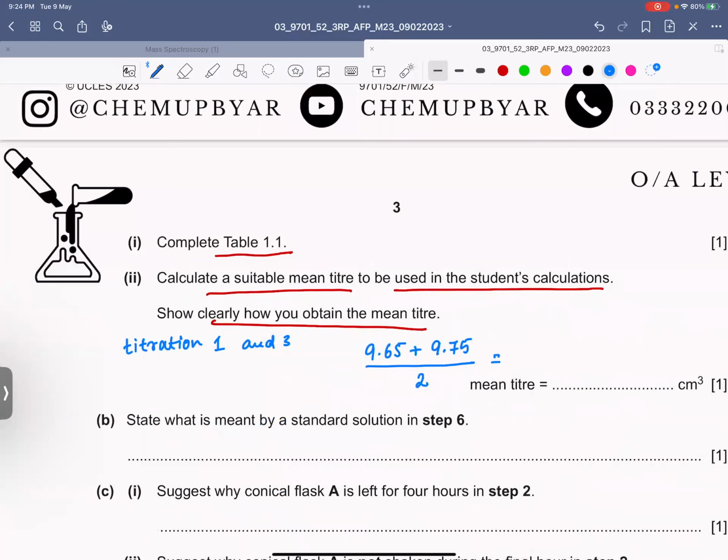If you divide them, the average volume that you got over here would be 9.70. Is this understandable to everyone?